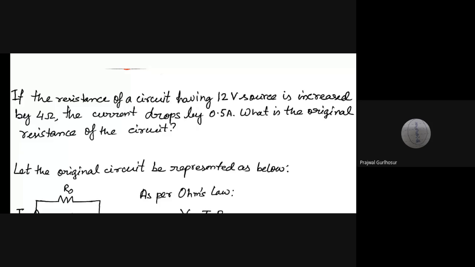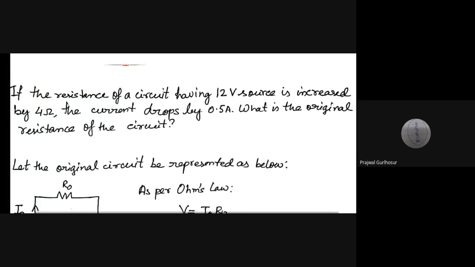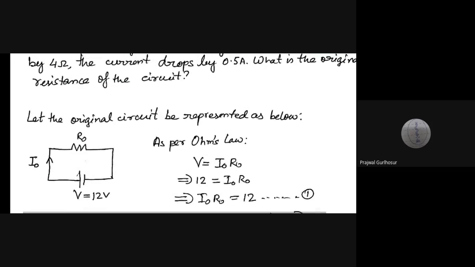Let the original circuit be represented as this. For the original circuit, I naught is the current, R naught is the resistance, and V is the voltage, which is given as 12 volt. As per Ohm's law, V equals I naught R naught.